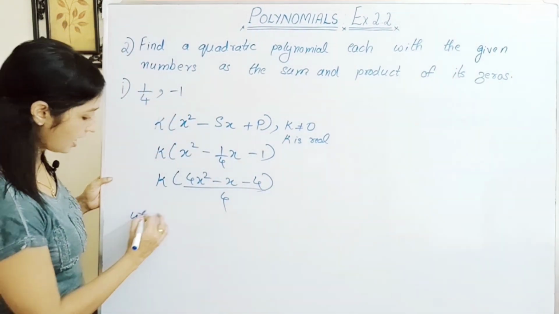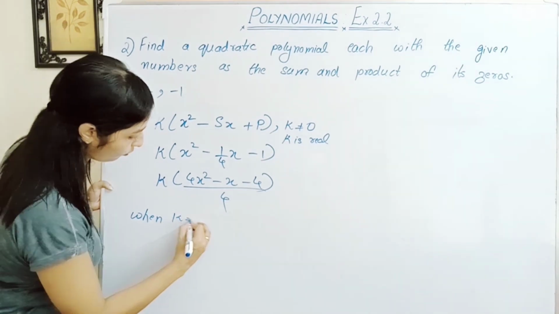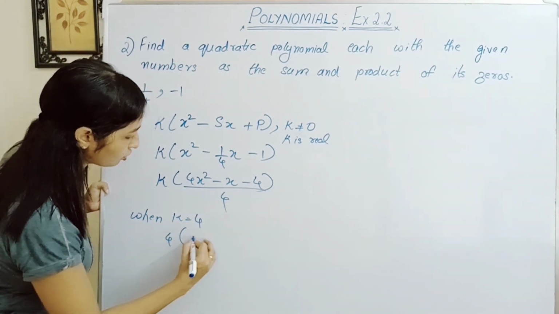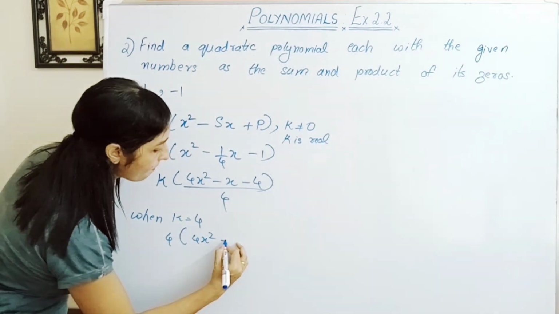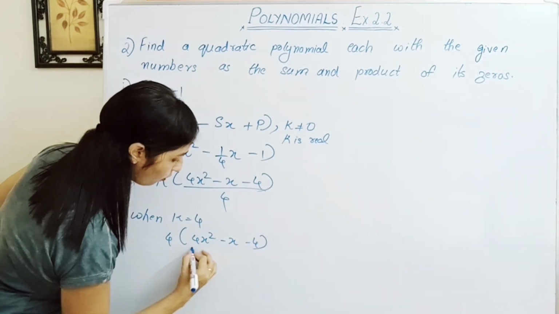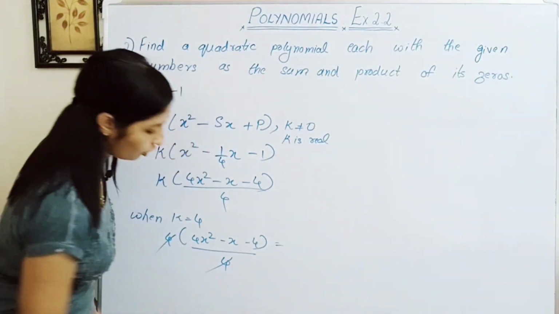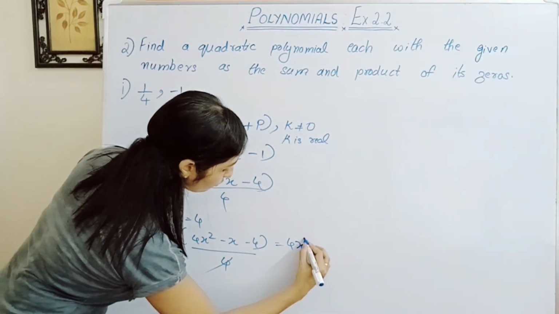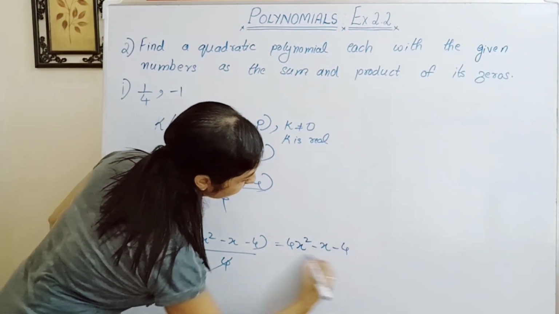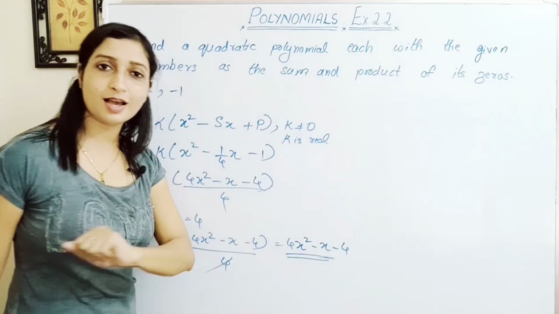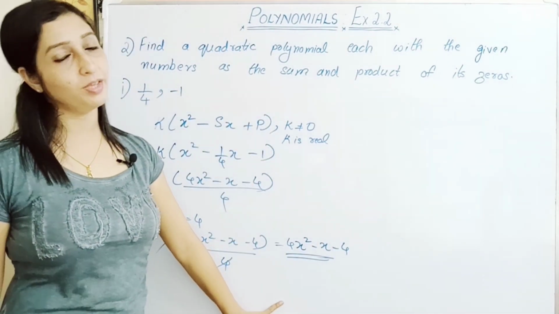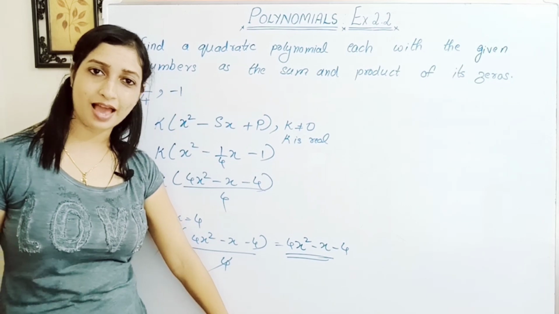Now when k is equal to 4, what happens? 4 into (4x square minus x minus 4) by 4. 4 and 4 get cancelled. So I get the quadratic polynomial as 4x square minus x minus 4. So this is how you find a quadratic polynomial when you are given the sum and product.